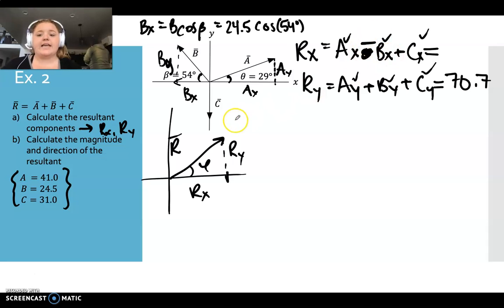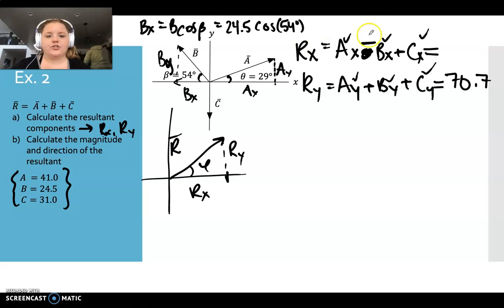And again, it's in the negative direction. So this is where we had that issue, okay? So this is going to give us 24.5 cosine of 54, and so that's, again, 14.4.